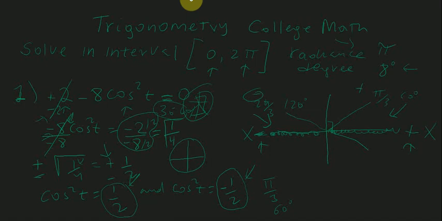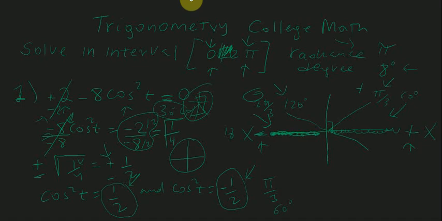If we add another 60, what are we going to get? 180. Cosine is 0 here, and 0 is not an angle we need. We need the angles between here and here. We're not asking for 0, and no one asked for 2 pi. It's between, so 0 you don't want. You want between, like we did here and here.